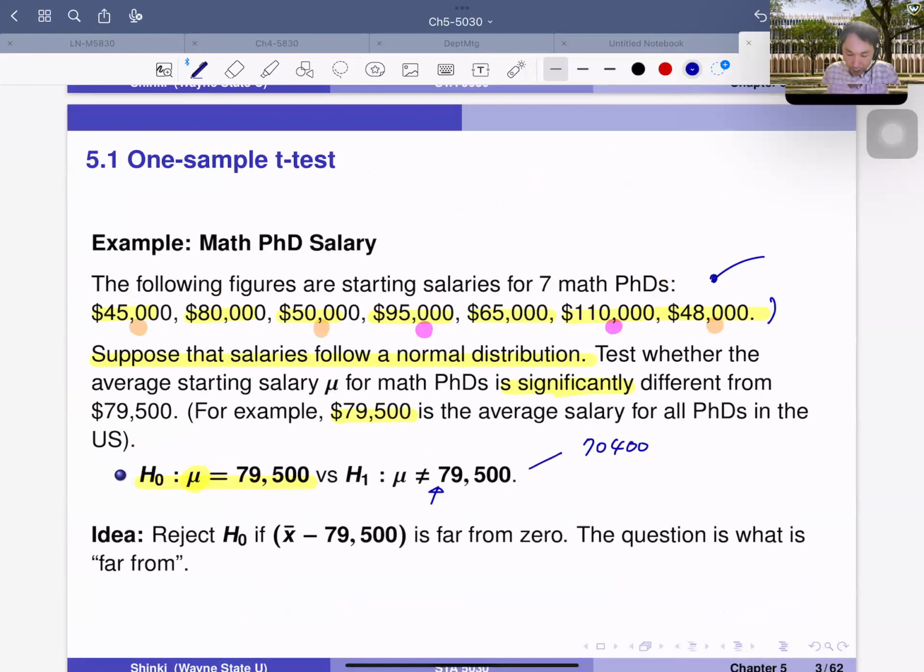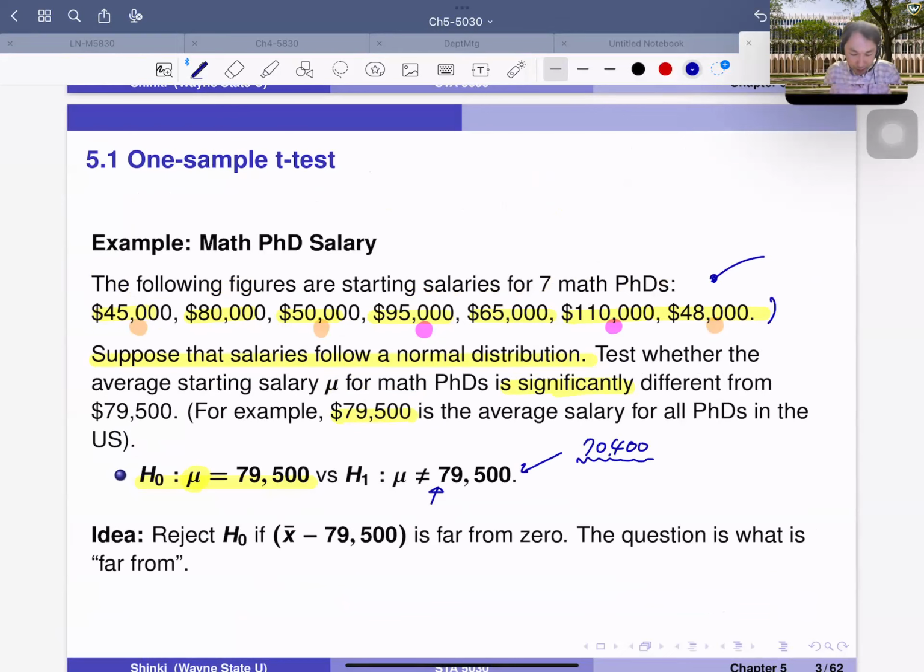So this is lower than 79,500, but it's not really sure if it's significantly lower or not. So we have to decide when we say this is significantly different from 79,500.